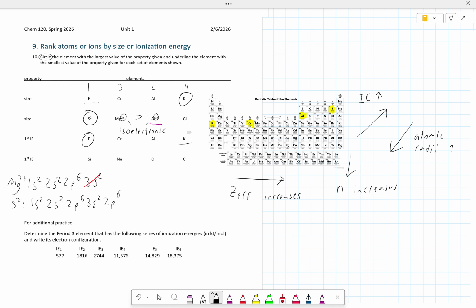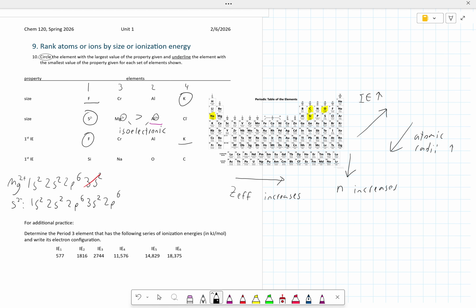Ionization energy for silicon versus sodium versus oxygen versus carbon. Again, I can use my up and to the right, down and to the left trends here to tell me that my oxygen is the one that is furthest up and to the right, and my sodium is the one that is furthest down and to the left.